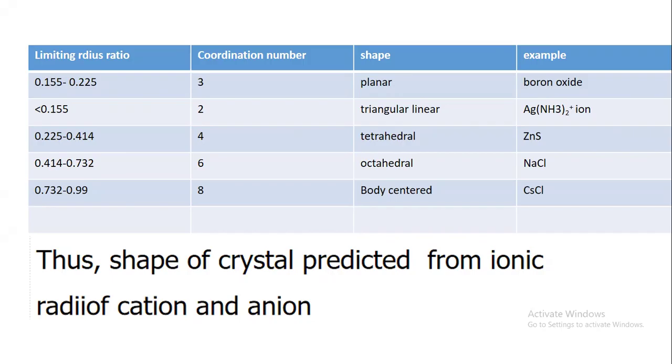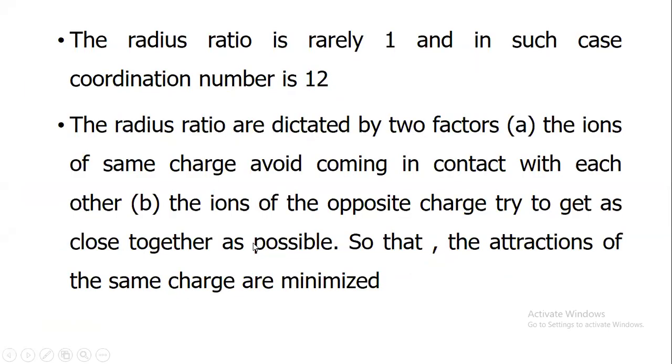The shape of the crystal is predicted from the ionic radii of cation and anion. The radius ratio is rarely 1, and in such a case the coordination number is 12. The radius ratio is governed by two factors. Ions of the same charge avoid coming in contact with each other.